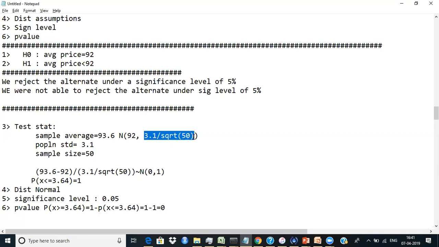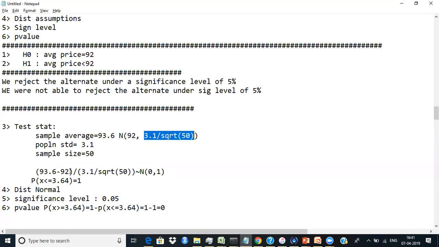So there is a normal distribution with a mean of 20 and a standard deviation of 2. If you want to convert that to a standard normal, you subtract 20, divide by 2. There is another normal distribution with a mean of 20 and a standard deviation of 1. So you subtract 20, divide by 1. I just did that. This one has a mean of 92 and a standard deviation of 3.1 divided by square root of 50.